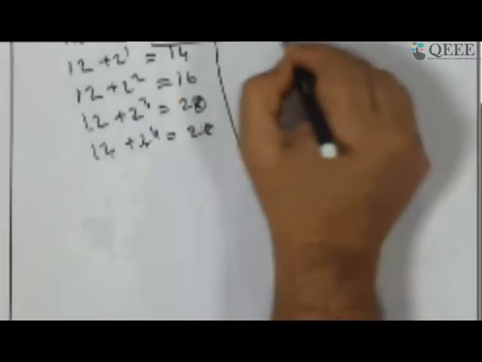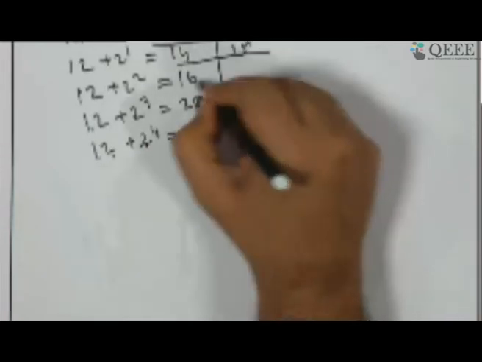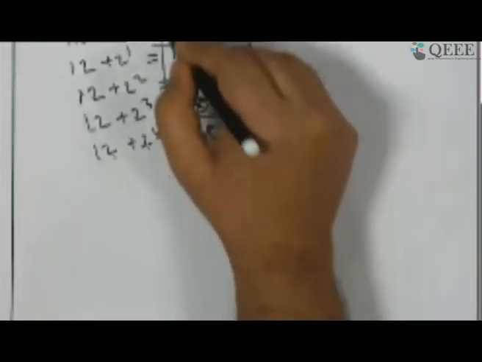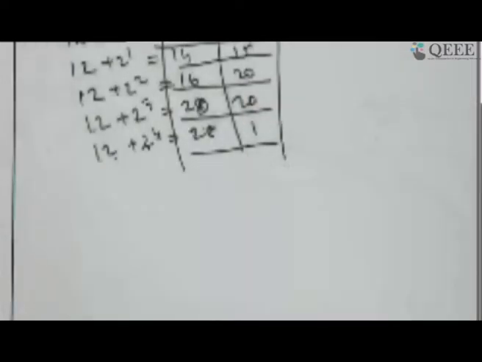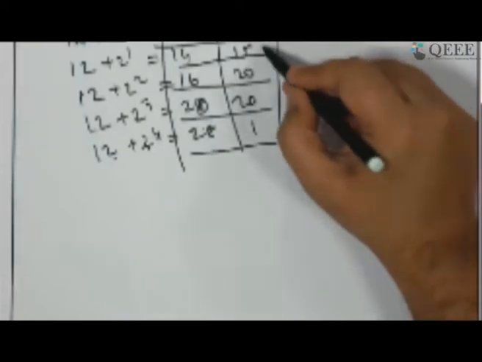And what is 13? 13 is 15, 14 is 15, 16 is 20, 20 is 20 and 28 is 1. This is the finger table of 12. So now come to 12. The entry in 12's table which is just less than 16 is 15.